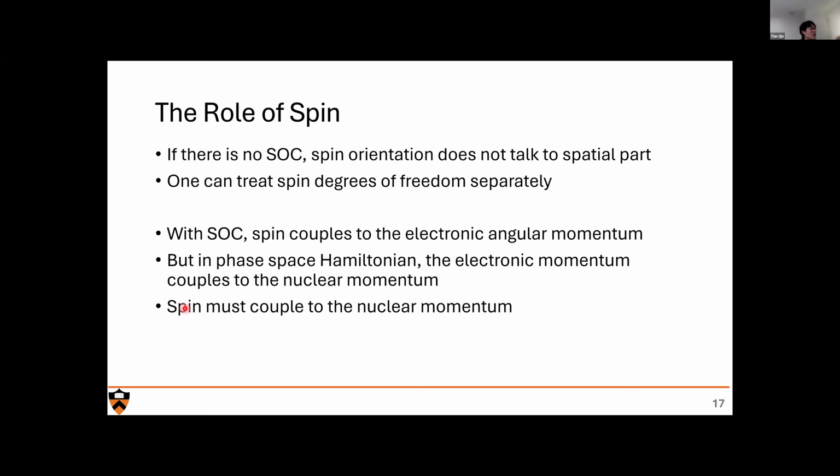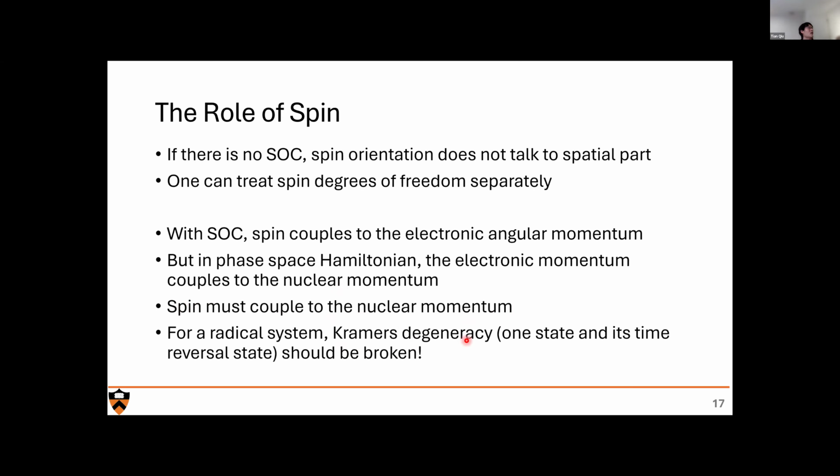One example is Kramers degeneracy, which says that any open-shell system should be at least doubly degenerate, because one state and its time-reversal pair should always have the same energy. For example, the oxygen triplet pointing up would be energetically degenerate with the oxygen triplet state pointing down.